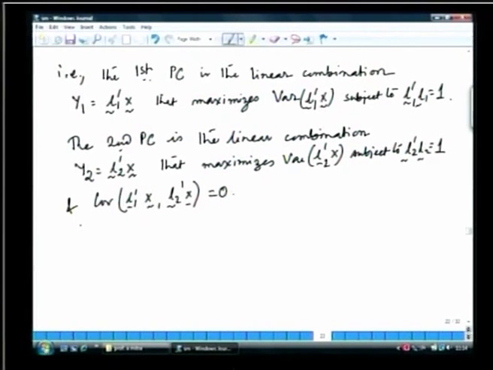And in this way I go to the ith principal component.